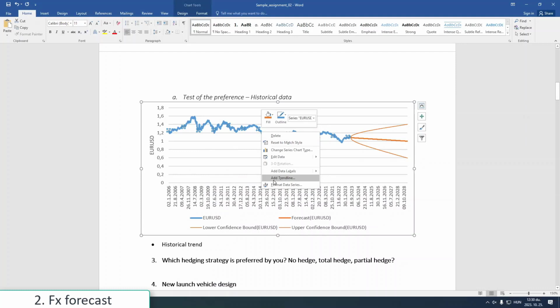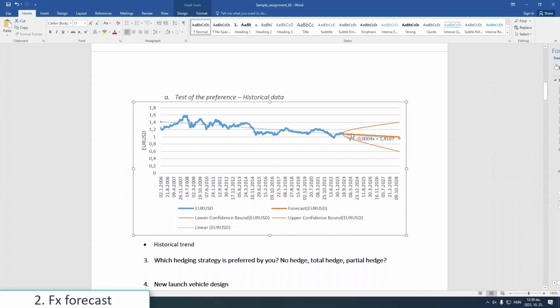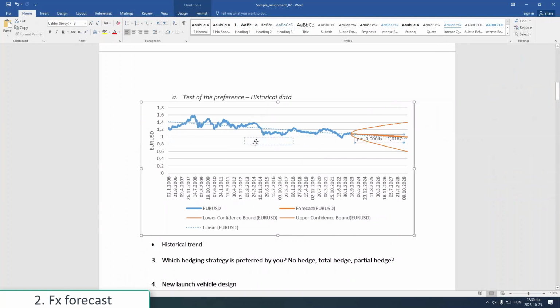So let's add the linear trend and display equation on the chart. I really hate linear trends, but here we can see that it's so simple. It even fits the forecast. And this is what matters for us here, because if this number is negative, then it means that there is a depreciating trend.